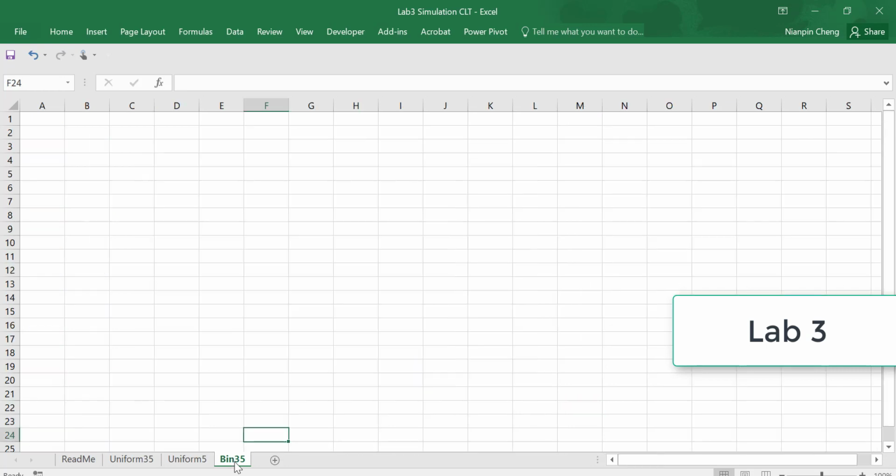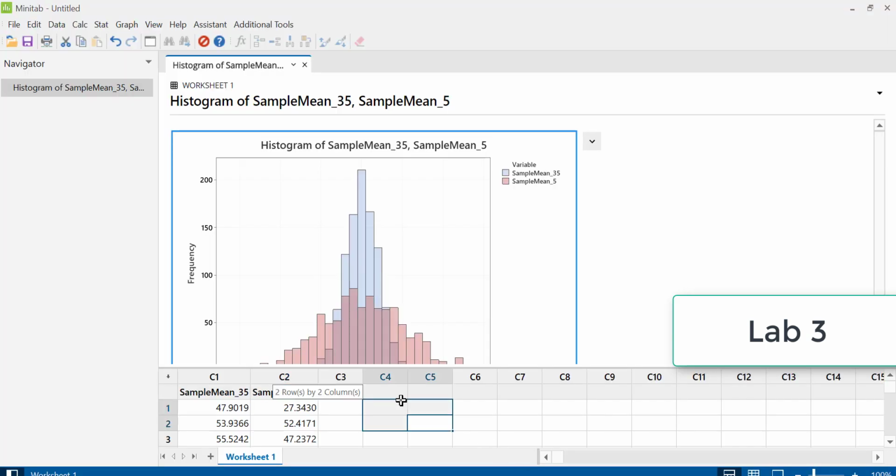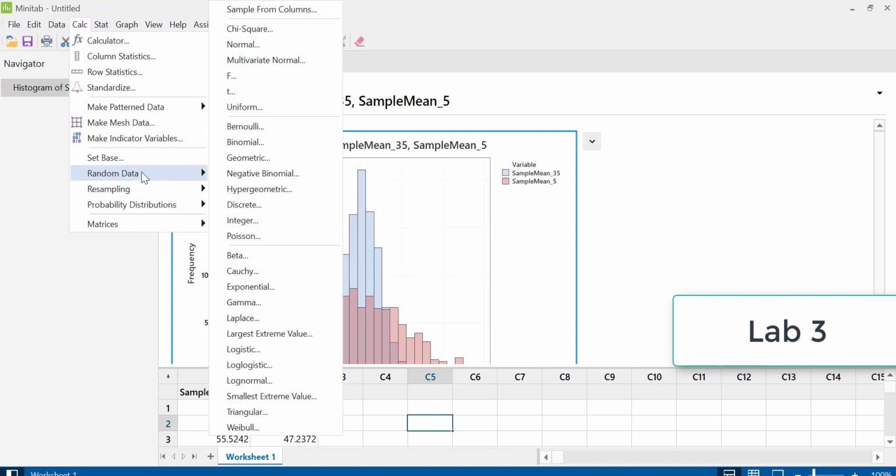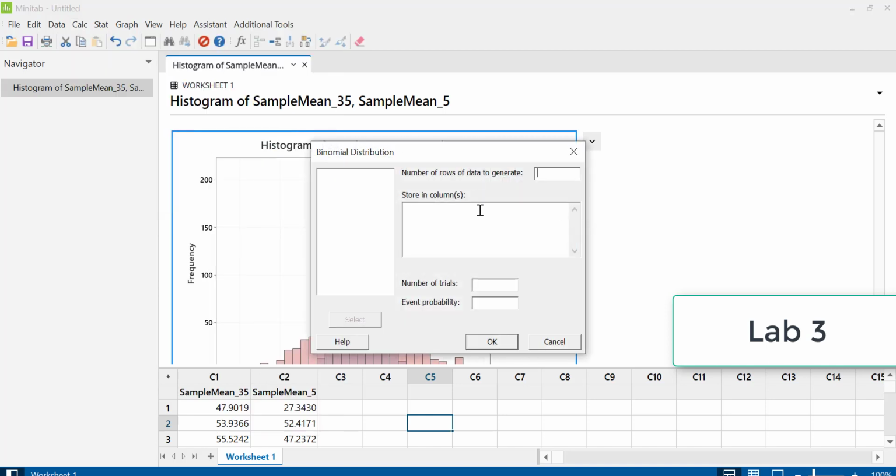So next, the binomial distribution. We generate 1,000 samples. The sample size is 35, and from the binomial distribution, what we can do is use random data, generate random data following the binomial distribution. Number of rows, how many rows?